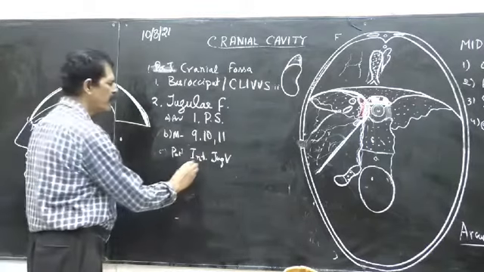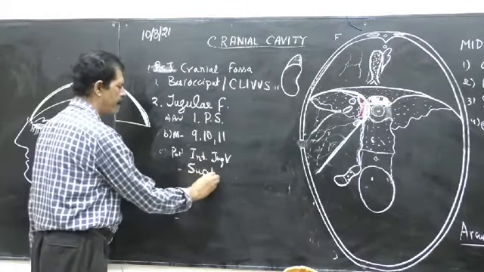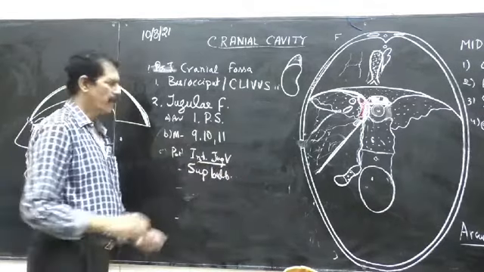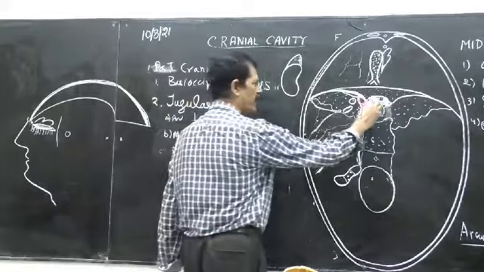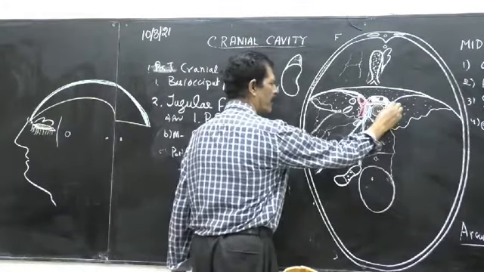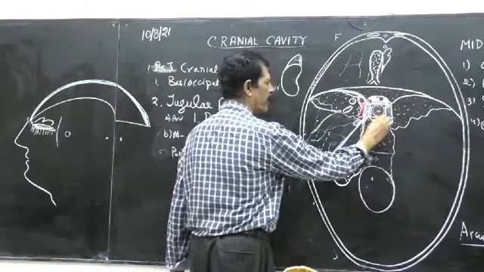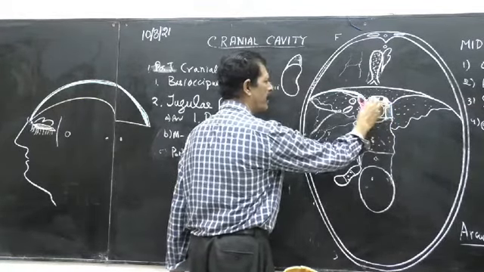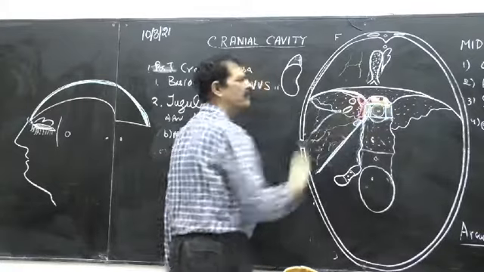So here lies the superior bulb of the internal jugular vein. Because we know the cavernous sinus lies over here, on either side, right and left. They are joined together posteriorly by the posterior intercavernous sinus and anteriorly by the anterior intercavernous sinus.